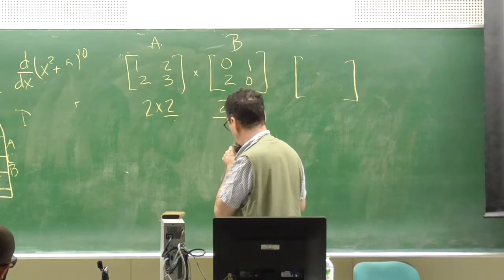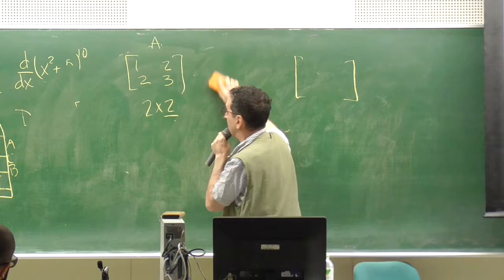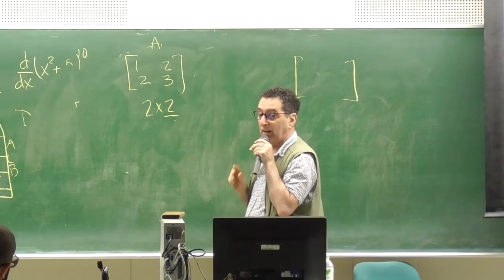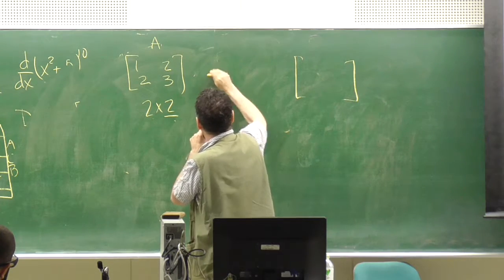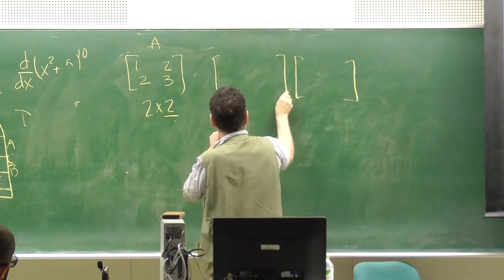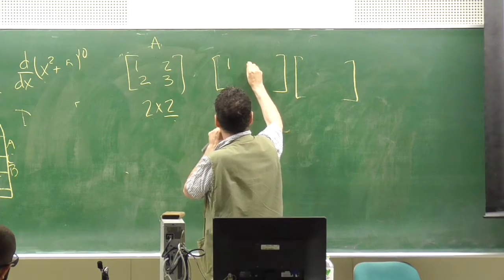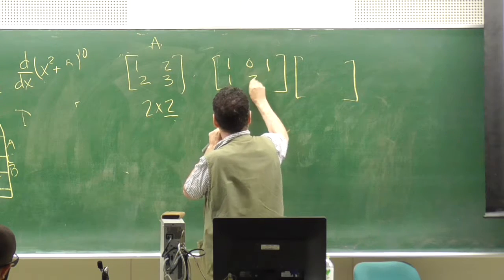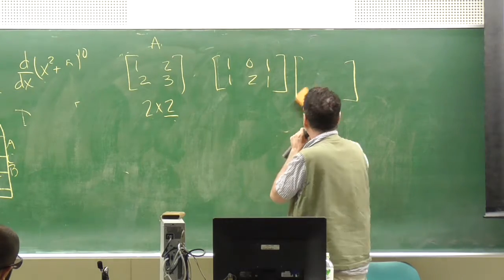So I'll change it and do a 2 by 3. 2 by 3 means 2 rows, but 3 columns. Let's make them not too hard: 1, 0, 1, 1, 2, 1.